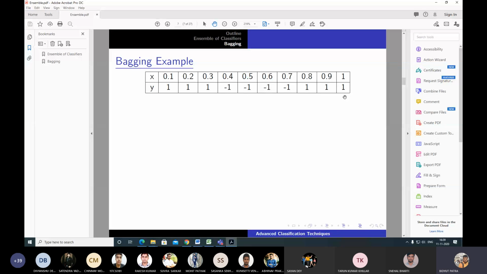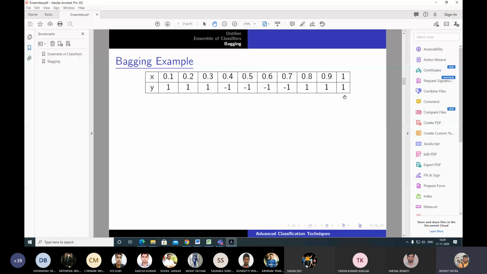Did you get my point? This is very important: you need to know what a decision stump is. Suppose you plot this with X and Y. You are plotting X on the real line, and Y is categorical, so you cannot plot it over X and Y in 2D Euclidean space.